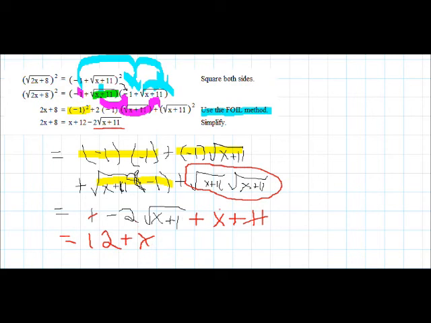And then I'm left with minus 2 times the square root of x plus 1. And that is the same thing as right there. And I think that's what you were after. Hopefully this is clear enough.